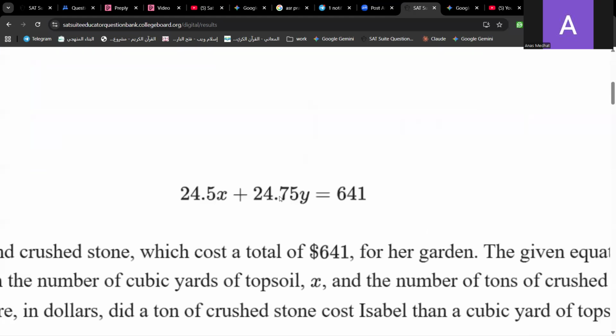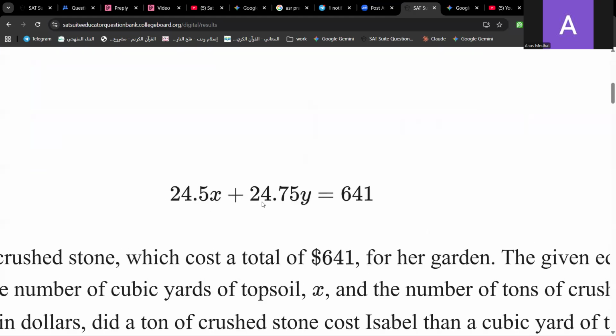All you have to do is subtract this from this, so the answer will be 0.25. To calculate something like this, subtract 24.5 from 24.75, it would give you 0.25, which is the answer.